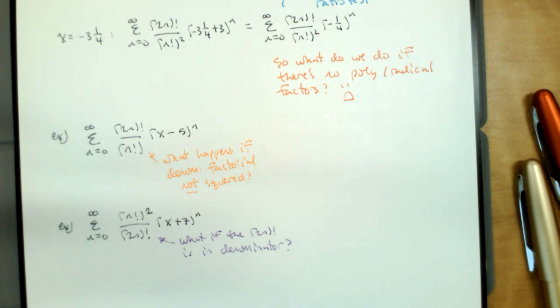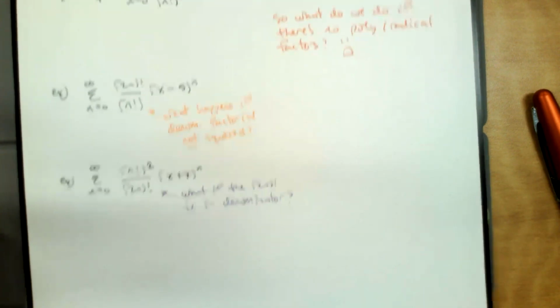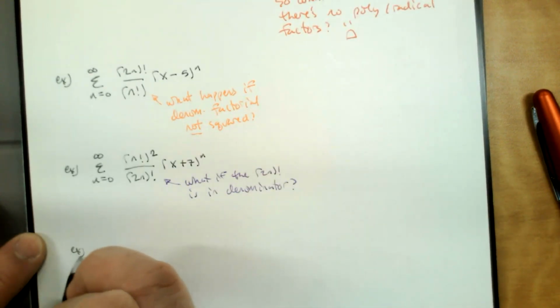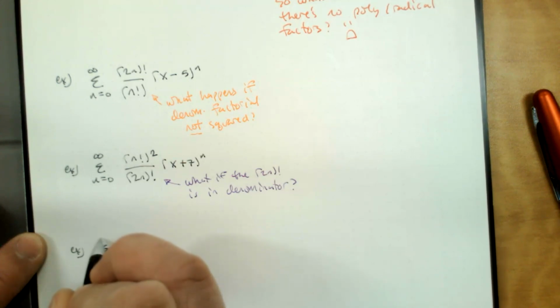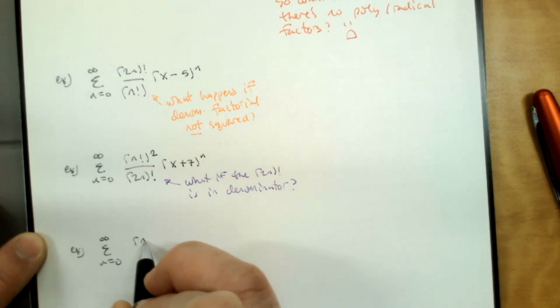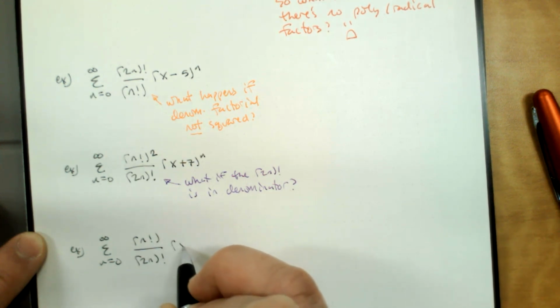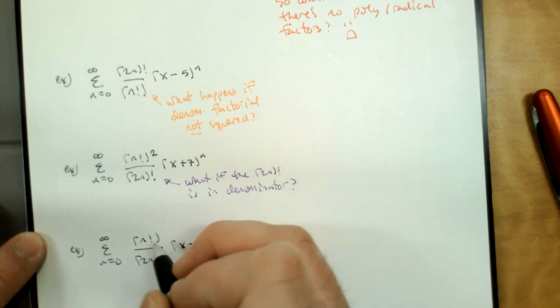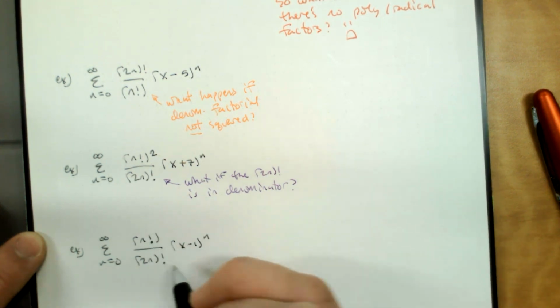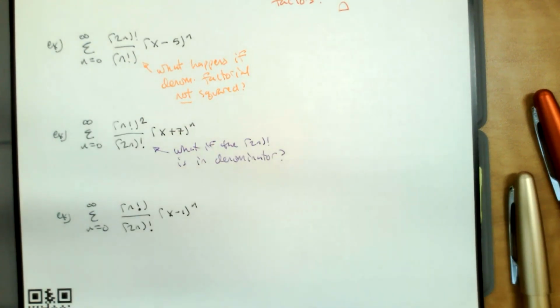All right, 2n factorial in the denominator. What if the 2n factorial is in the denominator and there's only one n factorial in the numerator?